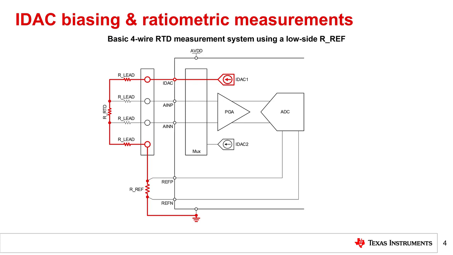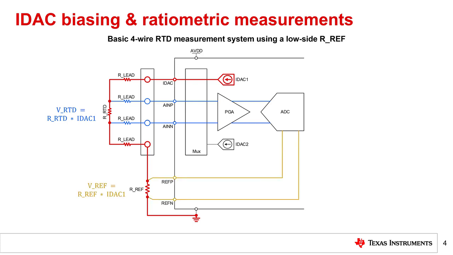As a result, a voltage is established across RRTD and RREF that can be measured by the ADC. The voltage across RRTD, or VRTD, is the product of RRTD and IDAC1. Shown in blue, this voltage is applied to the ADC inputs, amplified by the PGA, and then measured by the ADC.